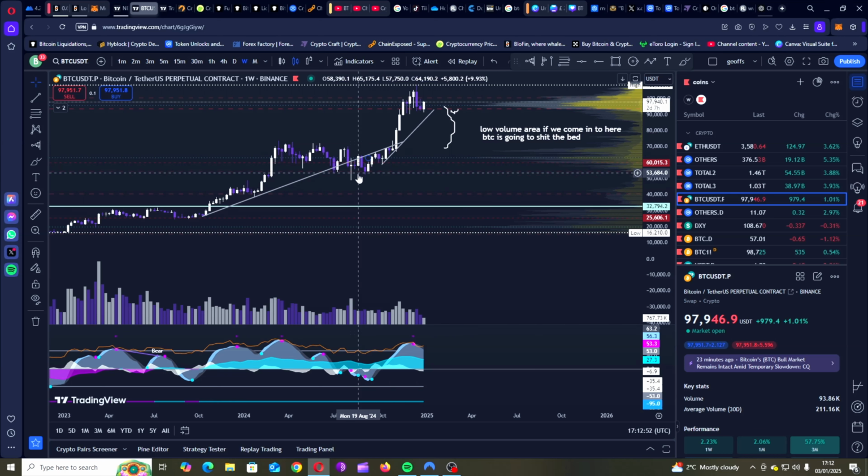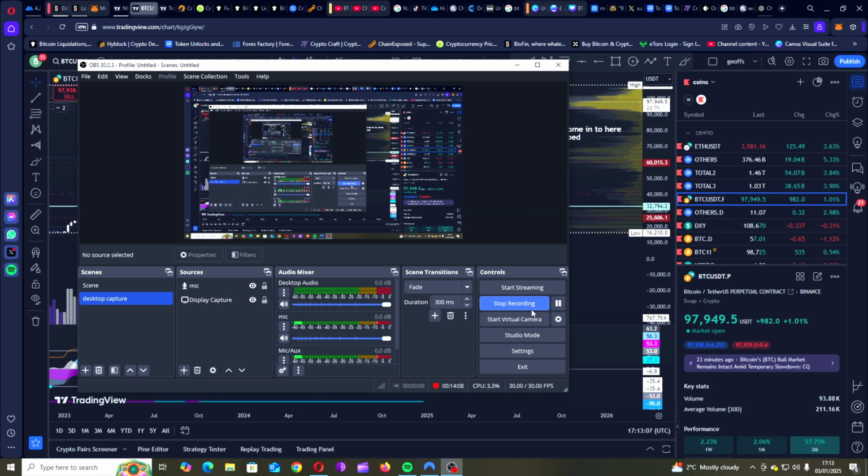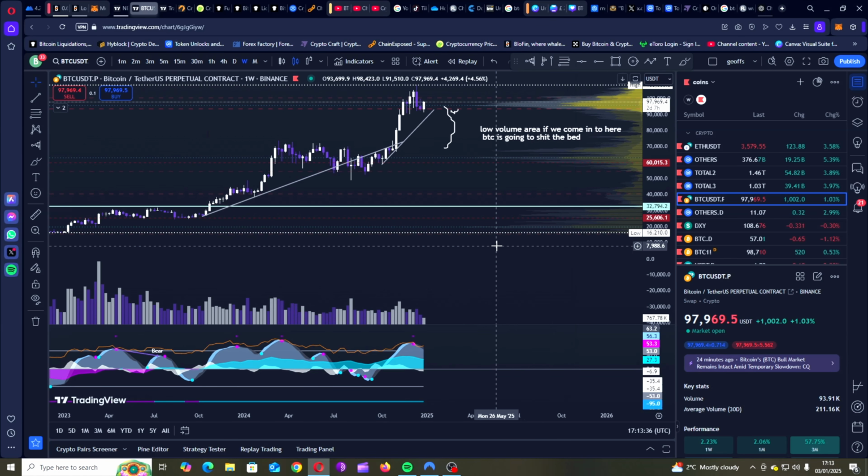It did break down in that trend here. But what did we have when it broke down in that trend? Now, where we are at the minute, it broke down below that trend, but fired straight back up.